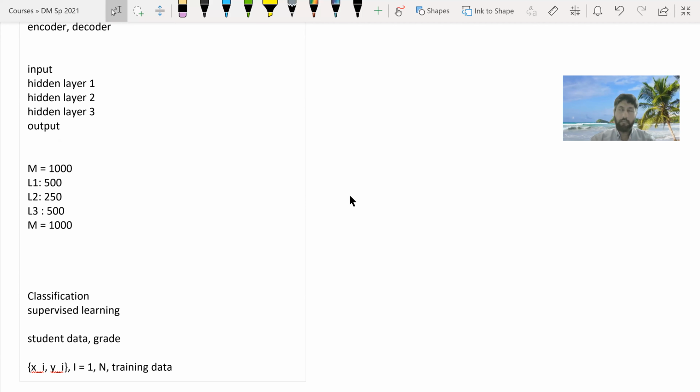So we have information about some students, whatever their features are, and what grade they got in a particular course. Let's say this information is for students in the previous semester. Now I want to build a model on this and use it for students this semester and predict what grade they will get in the course this semester.